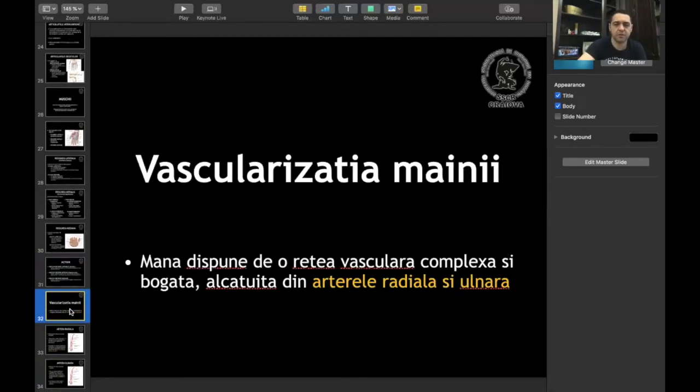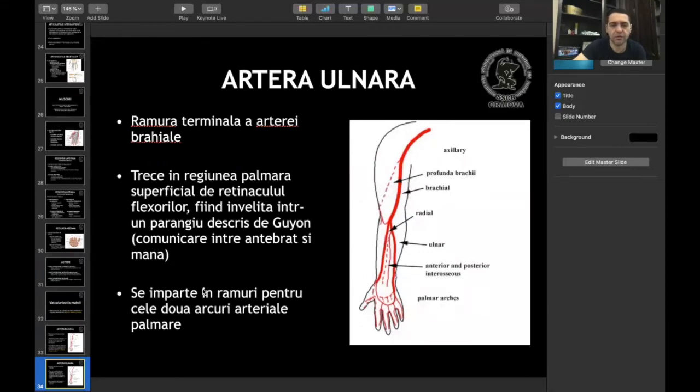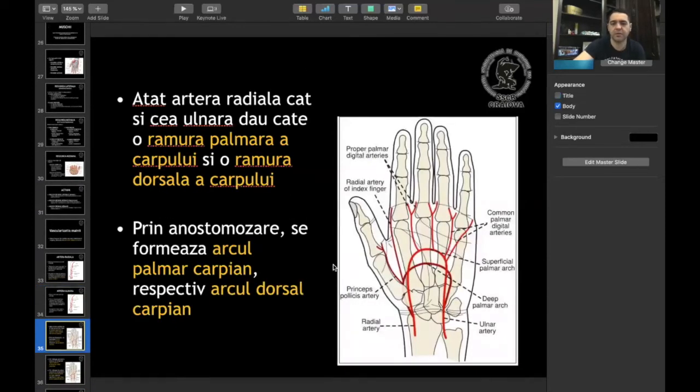The vascularization of the hand: we have the radial artery and the ulnar artery, as you can see here. They are terminal branches of the brachial artery. They go through the level of the palm, and they form two arterial arches, the profound and superficial palmar arches of the hand.